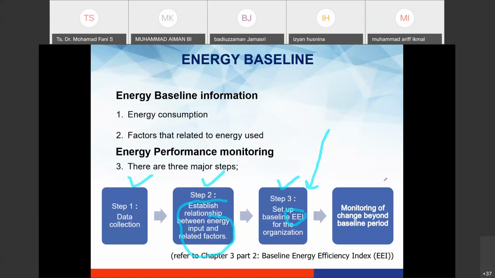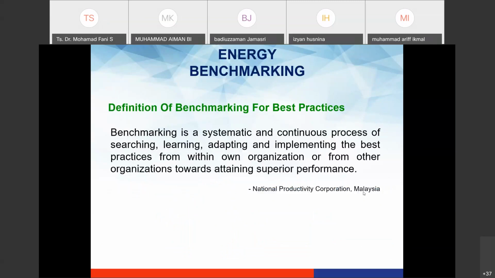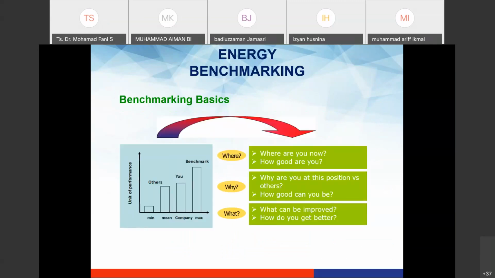We measure the performance from the baseline to the current performance in 2021. That's what benchmark means for the consumer. Okay. So benchmark is important to measure where you are now, how good you are. That's about the benchmarking, the basic one.